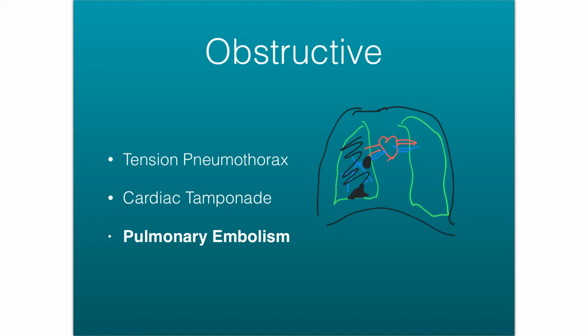So those are the basic types of shock. I could add one more, which is called respiratory. And I don't really think of this as a type of shock, but this would be if you stop breathing. Remember, shock is hypoperfusion, so we have low blood flow.